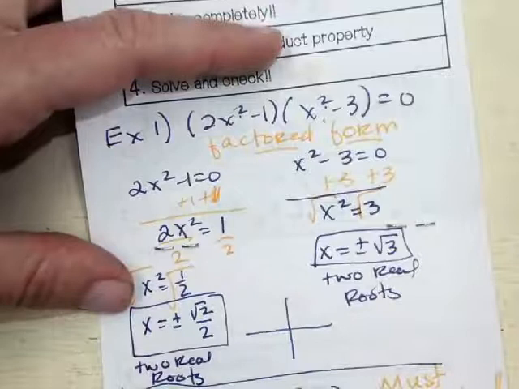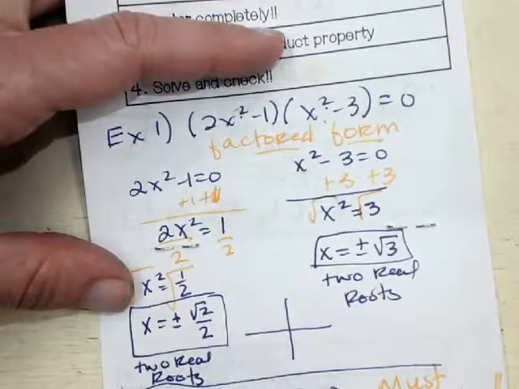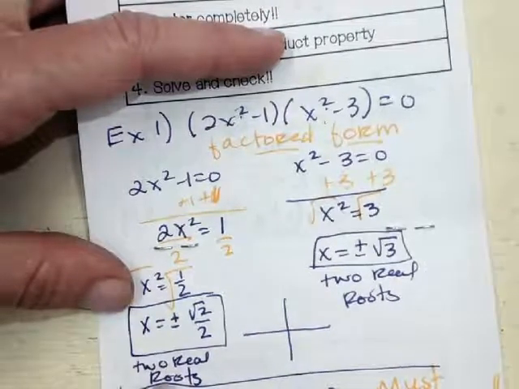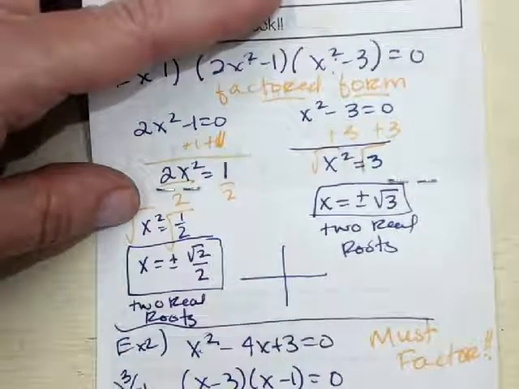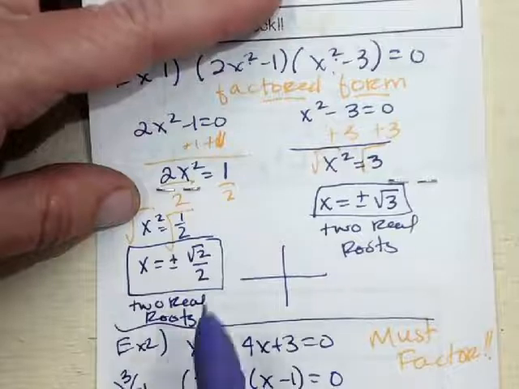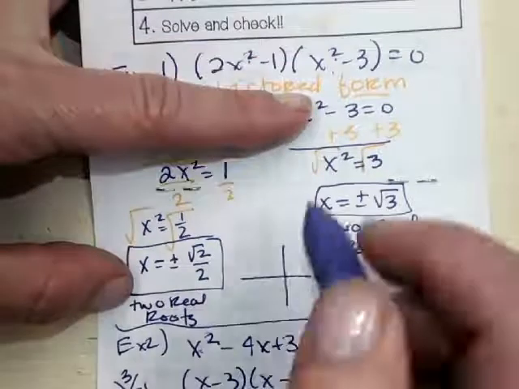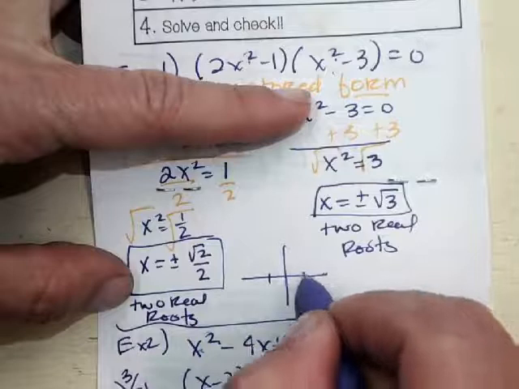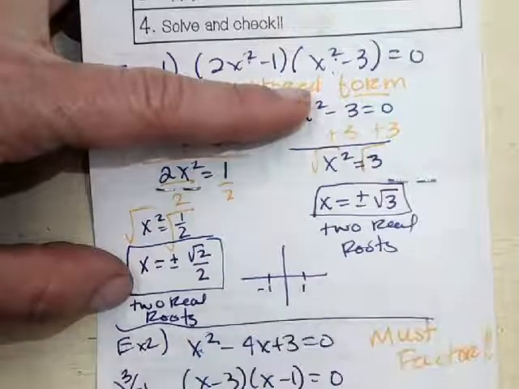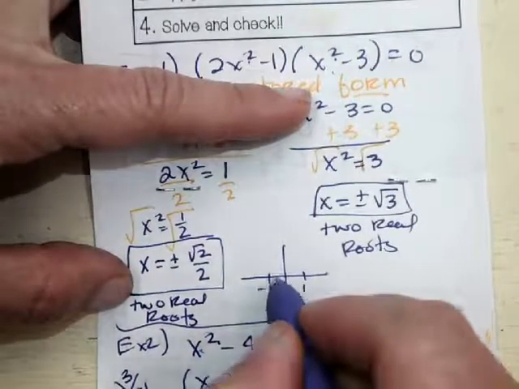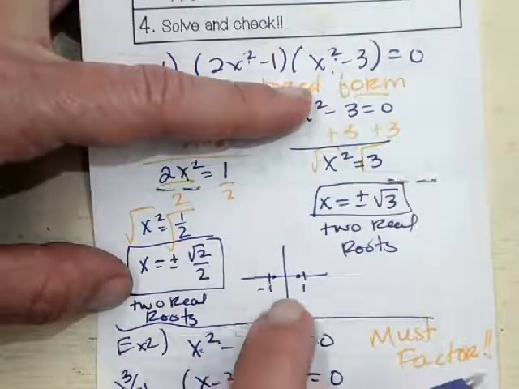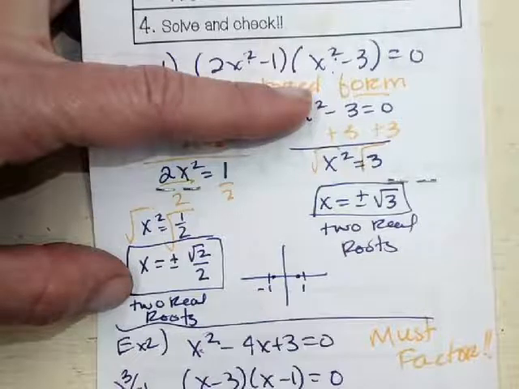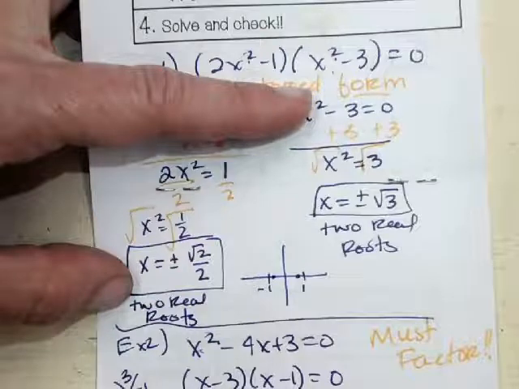I didn't draw my picture up here, but I could real fast if I needed to. This one's going to look a little bit different because it's going to cross that x-axis 4 times. Because it's going to cross 2 times here and 2 times here. So if I do the square root of 2 over 2, that's roughly 0.71. So there's 1 and 1, -1 and 1. So I'm going to be here and here, close to -1, close to +1, and the square root of 3 is about 1.7.